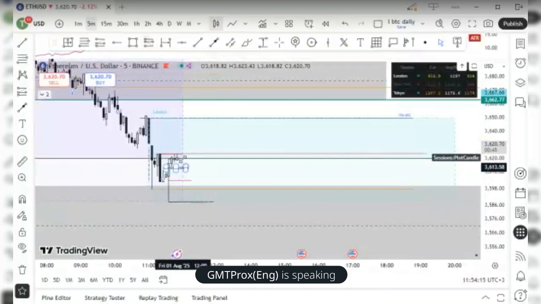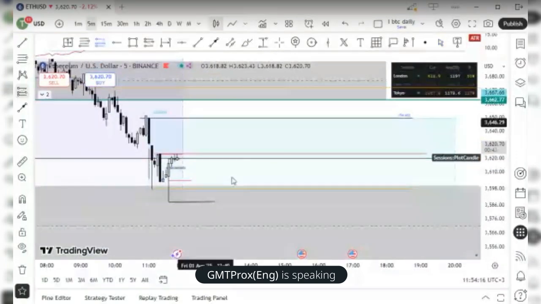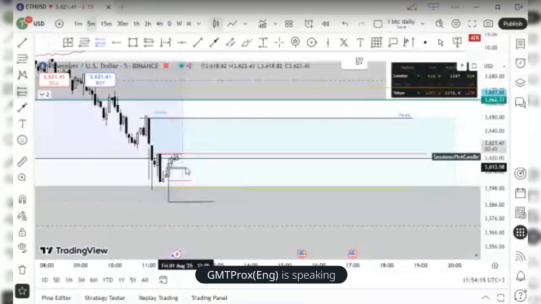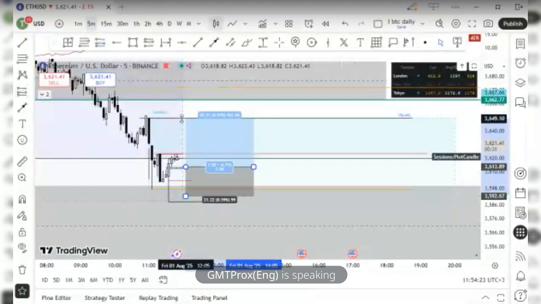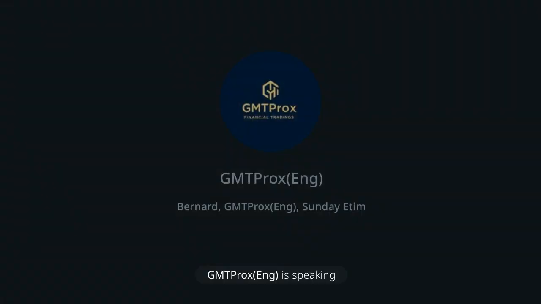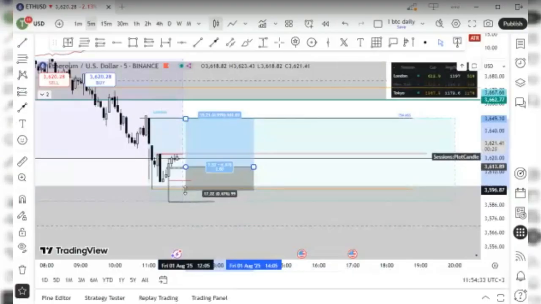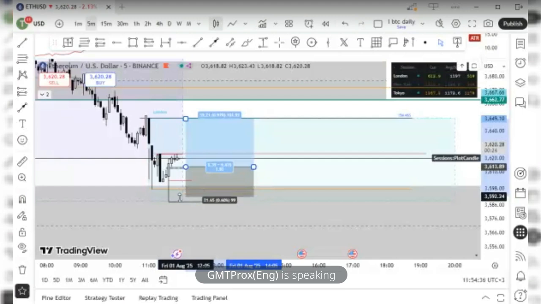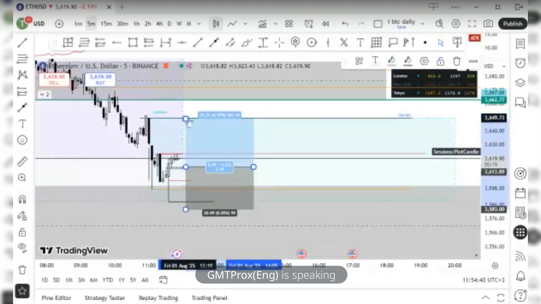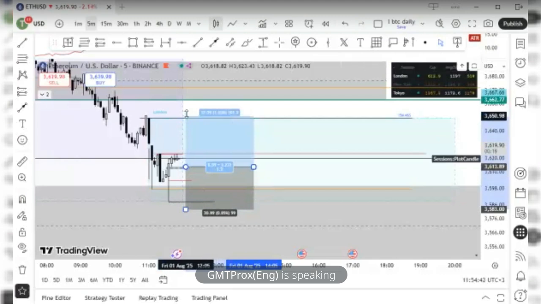If it will be this one here, then our entry would be here, and our stop loss will be below this low. Okay, 30 points, which is $3, so it's like 1 to 1.